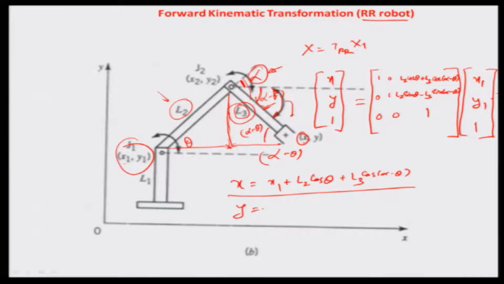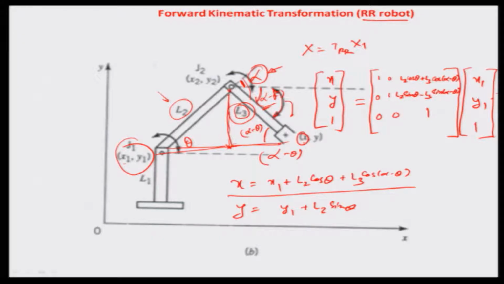Y again, the end effector position is described in terms of y1 plus L2 sine of theta. So, obviously, there is going to be an addition between this y1 and y2 as given here. So, a part of it would come as a contribution from L2 sine theta.